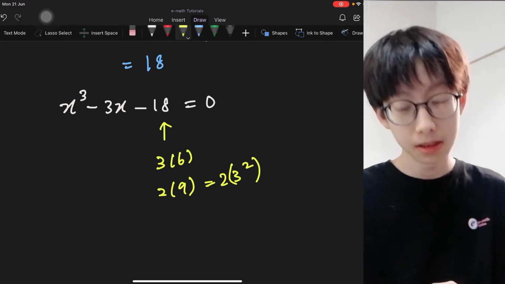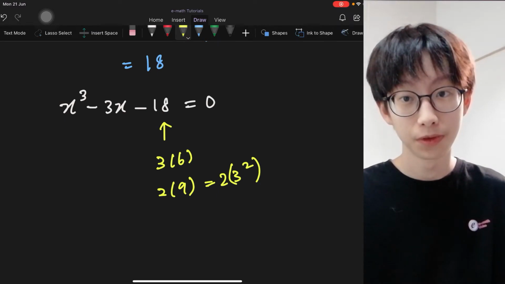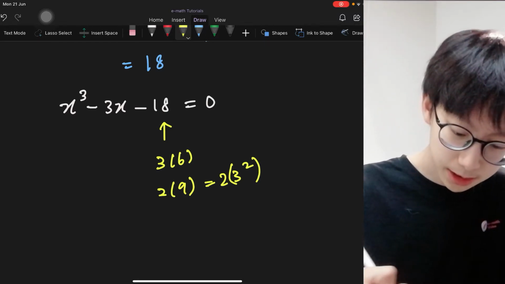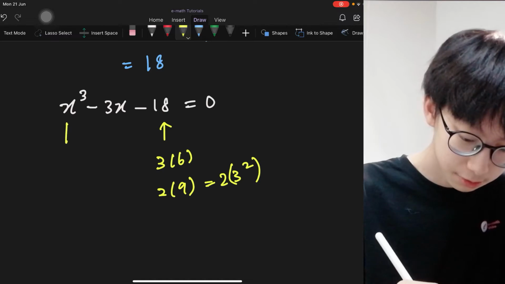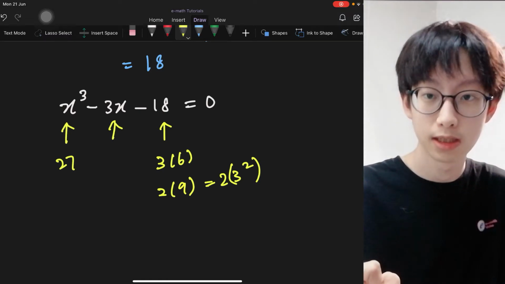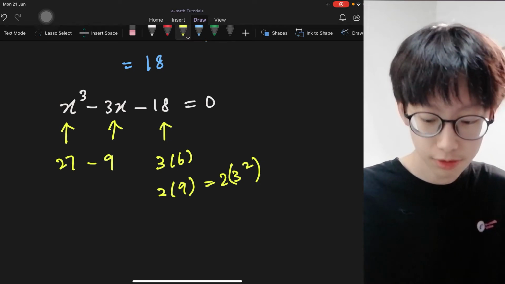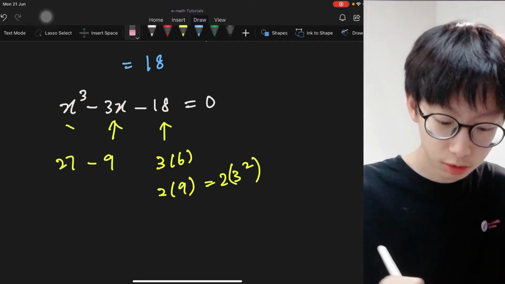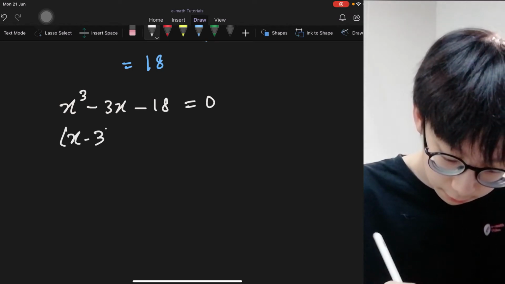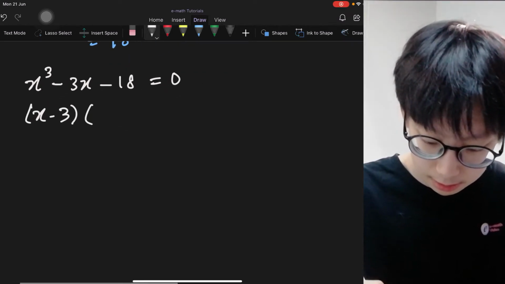So I think maybe 3 is a good guess, right? If you substitute in 3, you will get 27 minus 3 times 3, which is 9, giving 18. So we can factor out x minus 3 with something else.